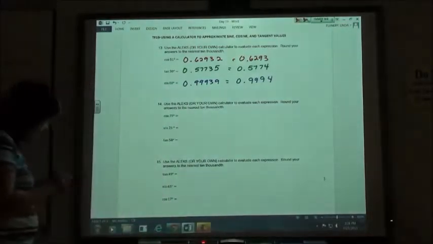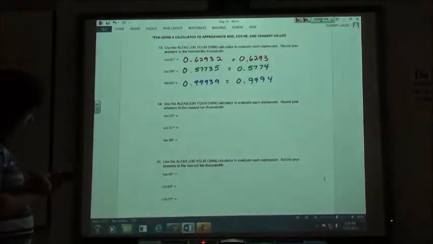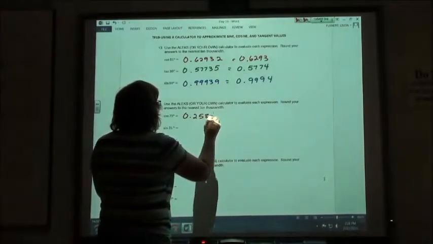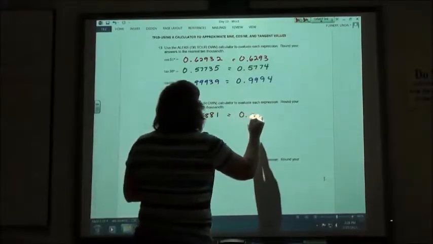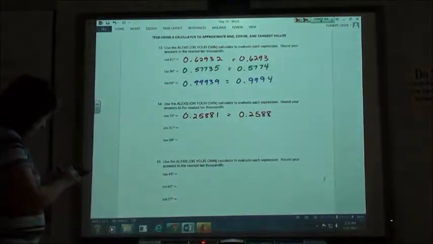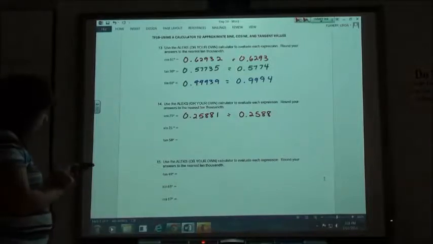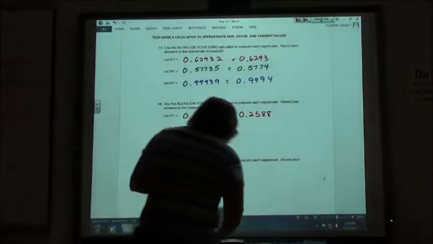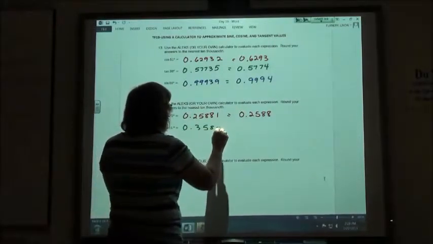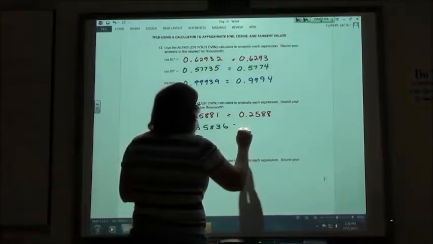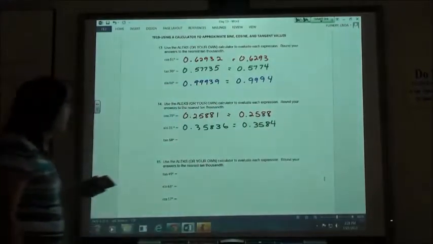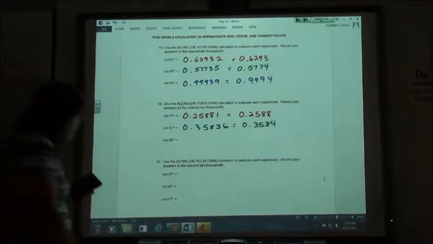So cosine of 75, 0.25881, so 0.2588 is where I'd round that off. Sine of 21 degrees, 0.35836, so 0.3584, because I have to round that one up to the next bigger number.